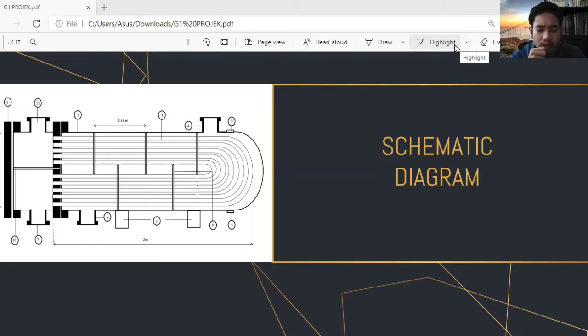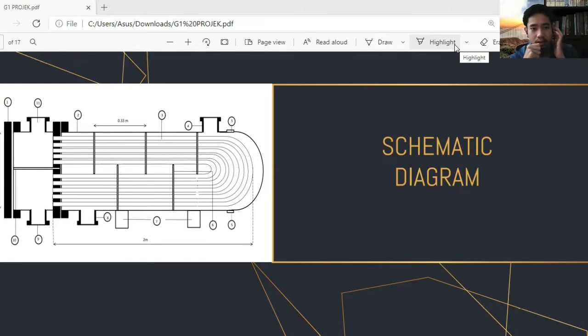Our shell diameter has been calculated using the formula Ds equals Db plus 98, which we obtained from the appendix of our references, and it is 273.10 millimeter. That is our shell diameter, and the shell is also the place where our cooling medium water will flow.